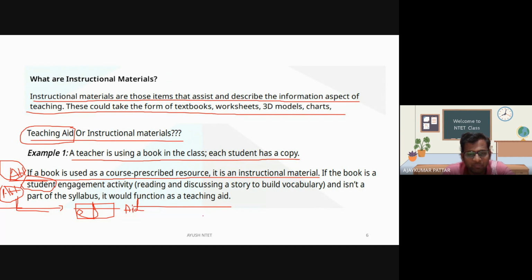If their main subject is Rigveda, for example, they are studying the Rigveda. The Veda system is there. The student should learn about Rigveda. Then the teacher and students have the Rigveda Grantha. Then that Rigveda textbook is called an instructional material.